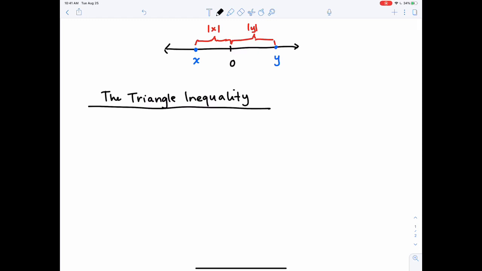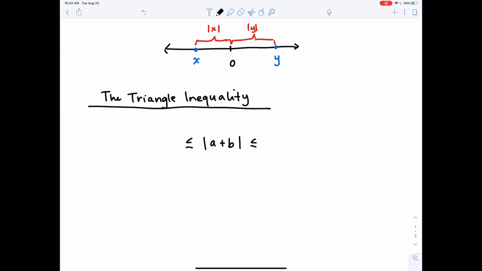Basically, it's a double-sided inequality, and it has to do with what happens when you add two numbers inside the absolute values versus splitting them apart. Think about this. You have two real numbers, A and B, and either they are the same sign, so they're both negative or both positive, or they're opposite sign.